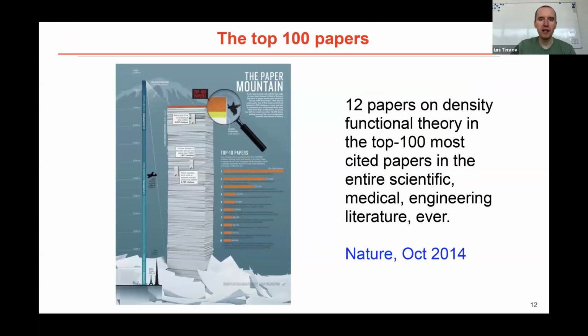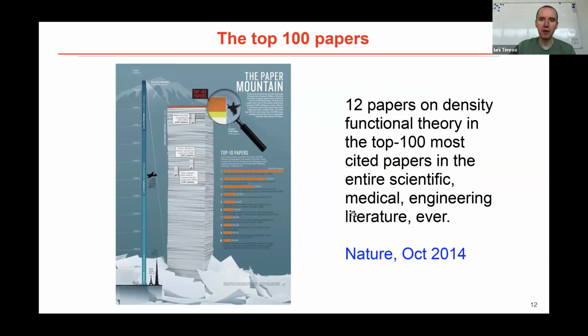Another example, if we take this interesting paper published in Nature in October 2014, one of the most prestigious journals in the community. And here there was an interesting experiment.